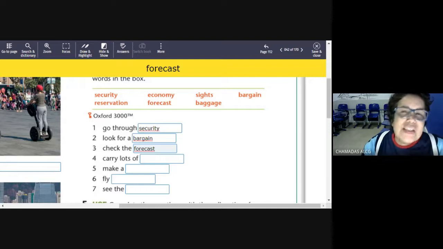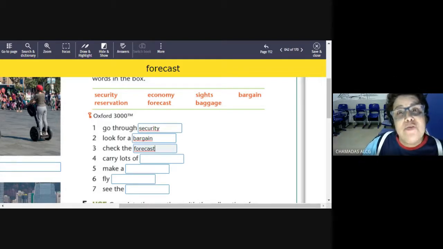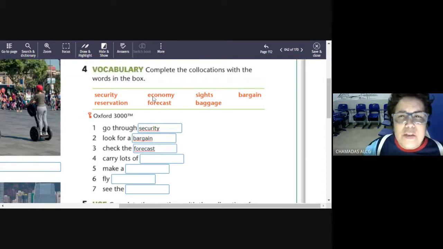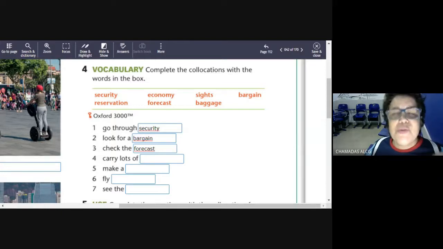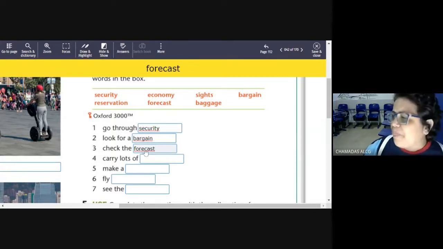So you go to a site like Climatempo or theweather.com, and then you check the forecast, you check the prediction. What is the weather going to be this weekend? What's the weather going to be like? So is it going to be sunny, rainy, cold, right? So check the forecast, okay?